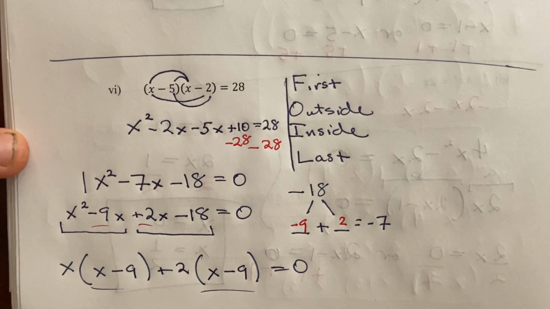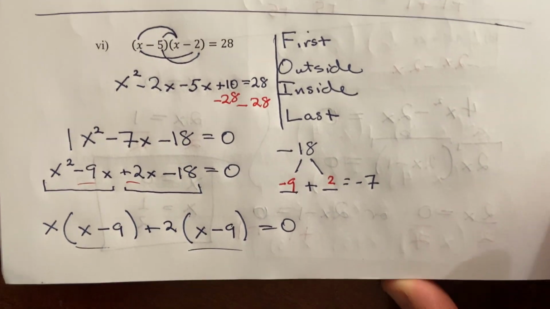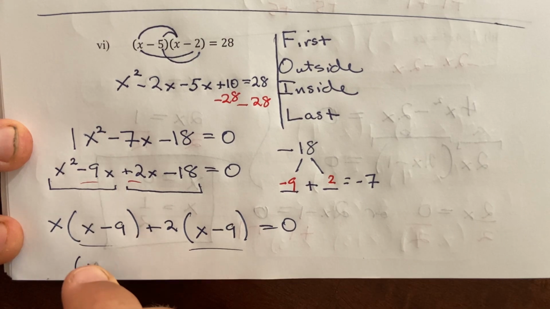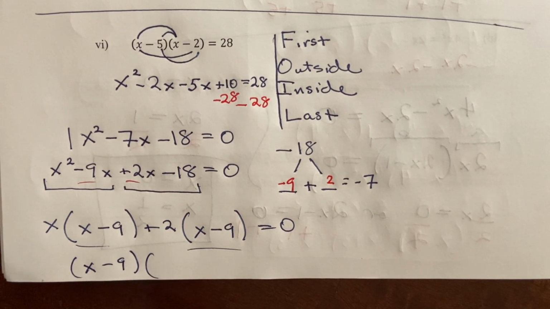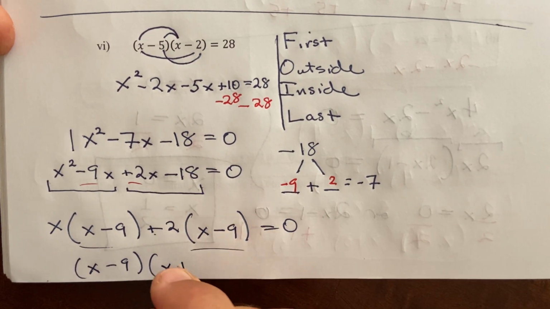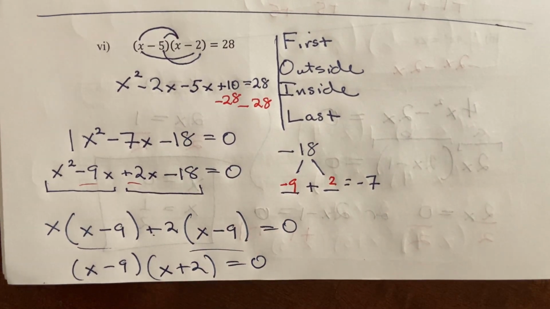Then this x minus 9 appears, factor it out. So I'll have x minus 9 times what's left behind, this x plus 2. Now this all equals 0.